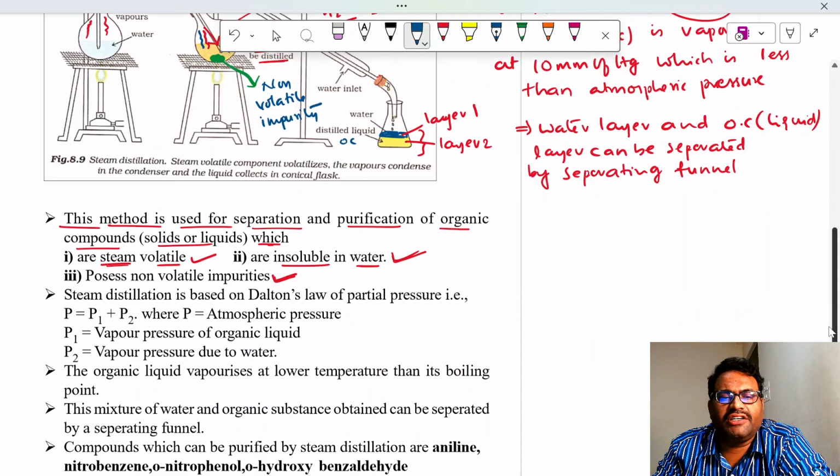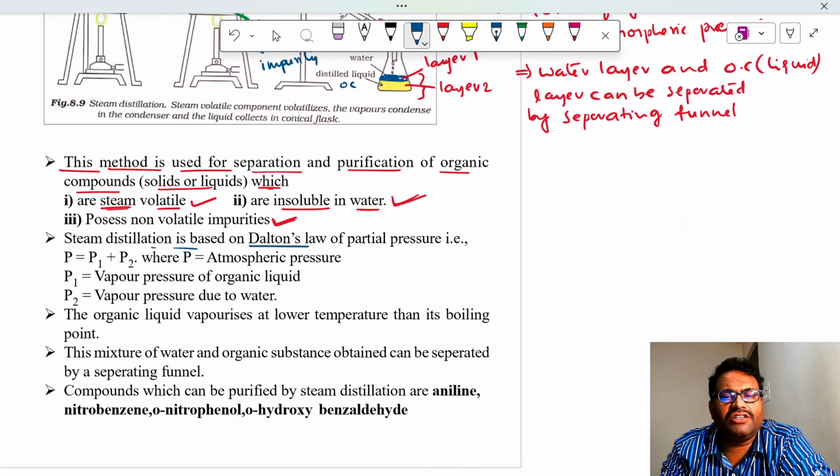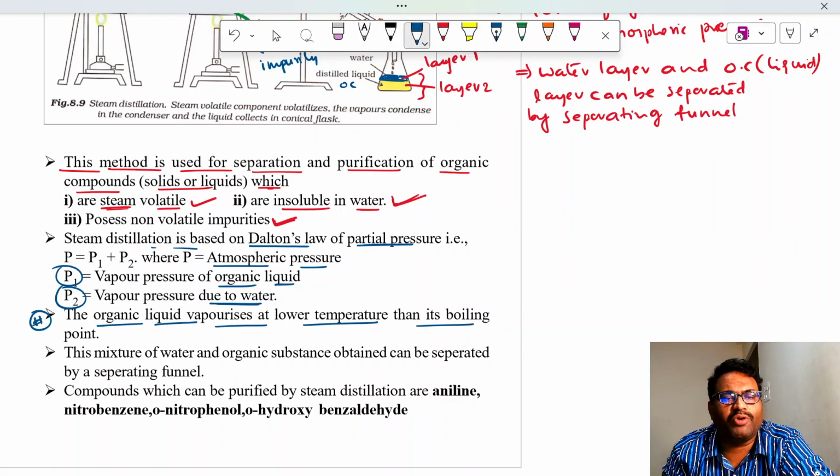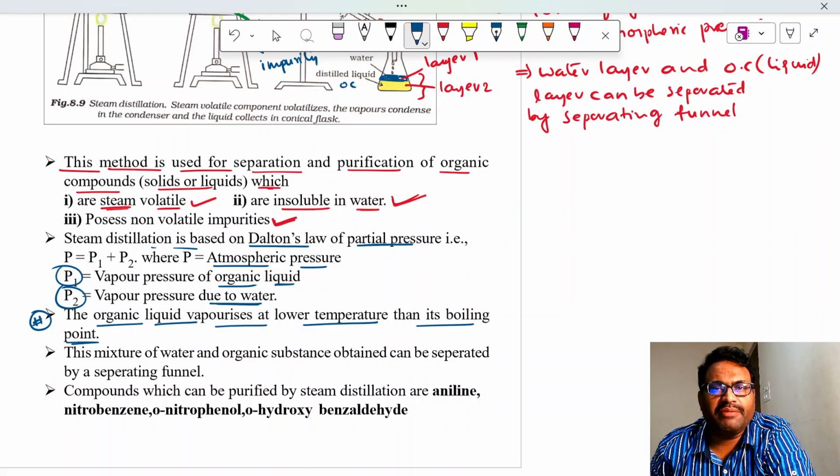So steam distillation is based on Dalton's law of partial pressure, where P is equal to P1 plus P2, where P is atmospheric pressure, P1 is the vapor pressure of the organic liquid, and P2 is the vapor pressure due to water. This point is very important: the organic liquid vaporizes at a lower temperature than its boiling point. It can be asked as a statement type of question: in which process does the organic compound vaporize at a lower temperature than its boiling point?